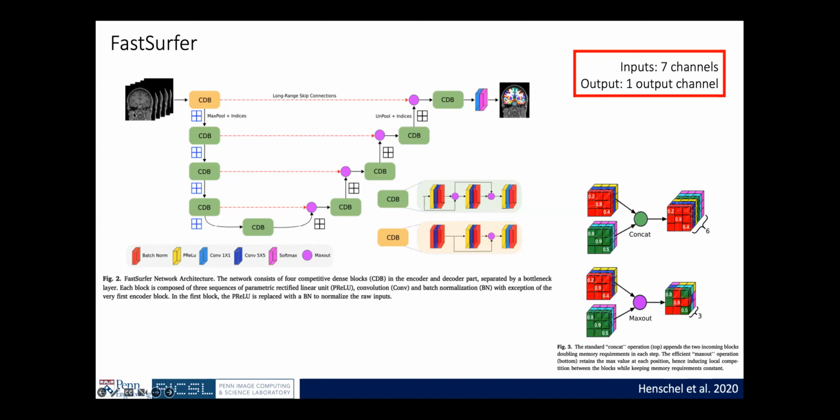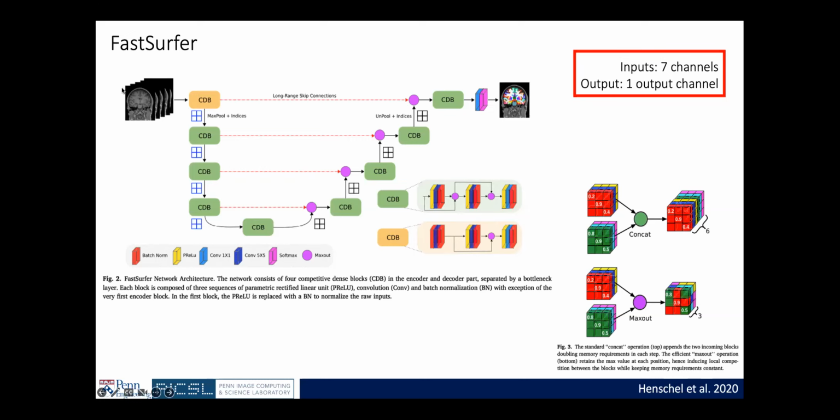But instead of taking patches, you take, let's say, n number of slices. So you take 7 slices and you try to segment the middle slice. So slice number 4 is what you're going to segment. You have 7 slices as your input, and your output would be the segmentation for the middle slice, right?